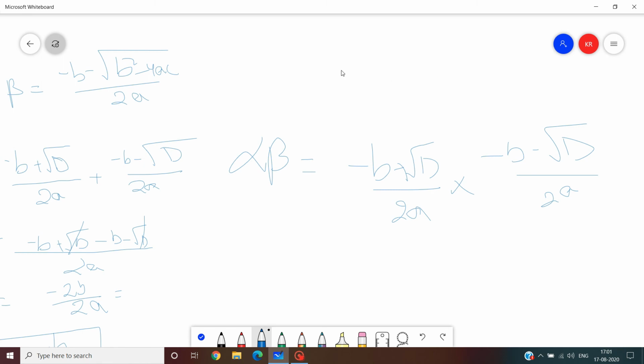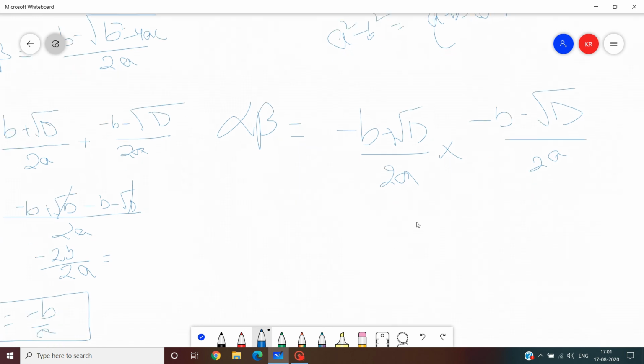So we have derived some algebraic equations, right? Like a square minus b square is equal to a plus b into a minus b, right? So see here, consider minus b as a and this as b. So a plus b into a minus b will be a square minus b square.